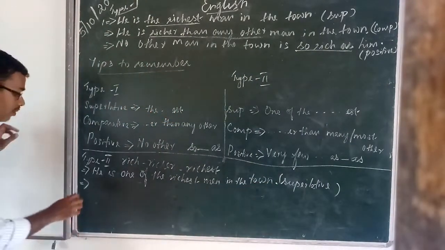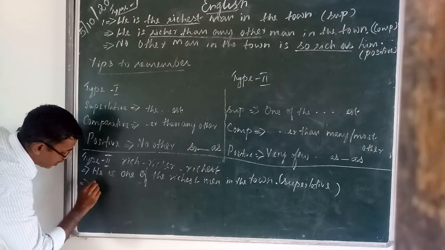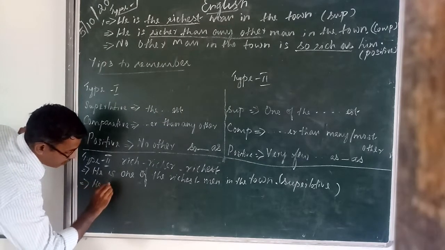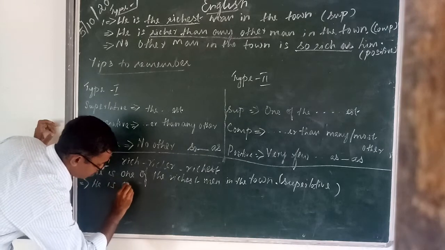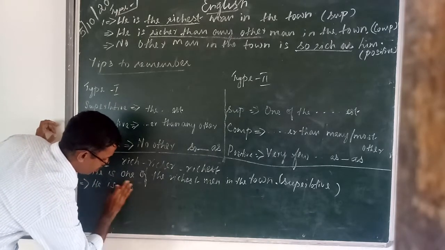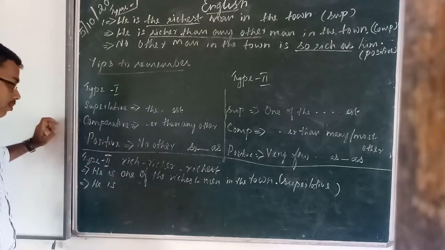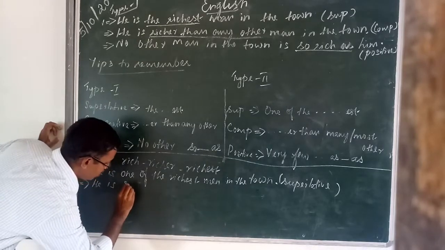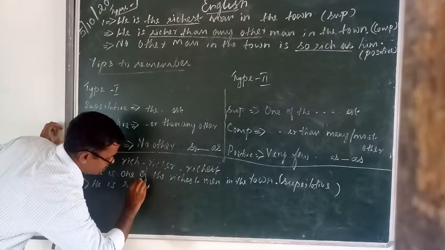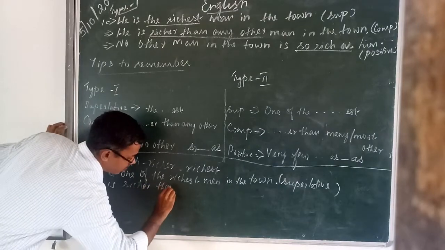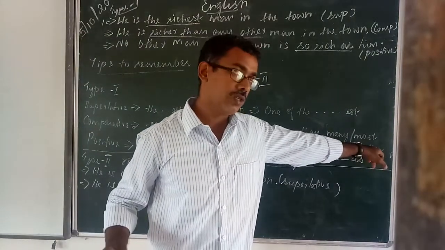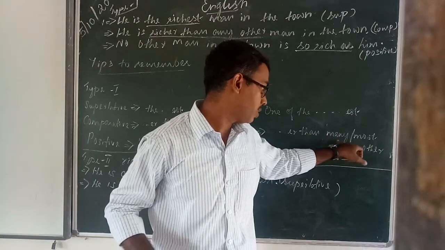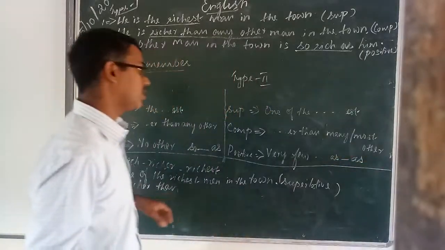That is superlative. We come to the comparative degree. He is richer than many or most other. Both are one and the same.